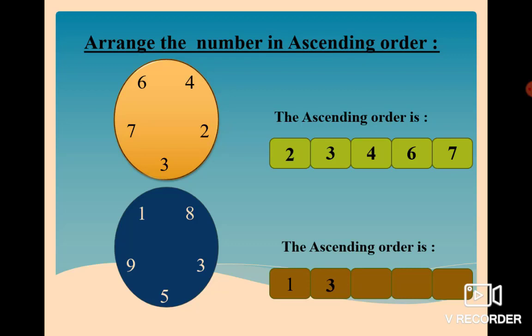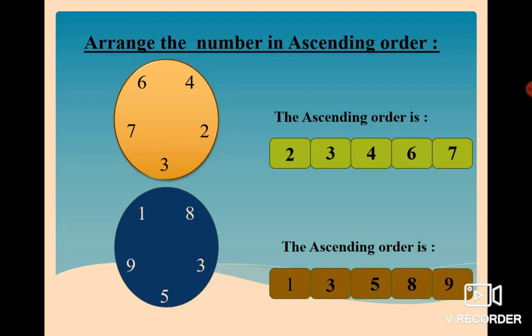After 3, which number is remaining? 9, 5, 8. Which number is the smallest here? 5 is the smallest here. After that, which number will come? 8 is the smallest number here. After that, which number will come? 9 is the biggest number here.